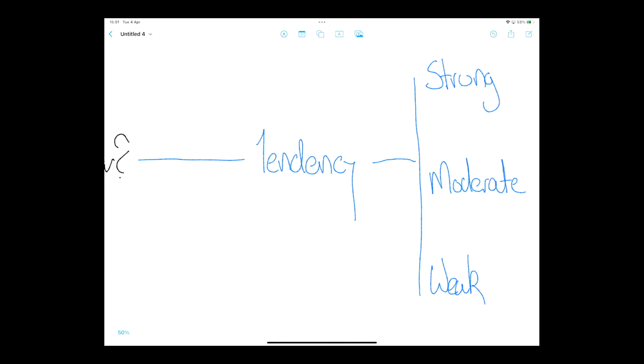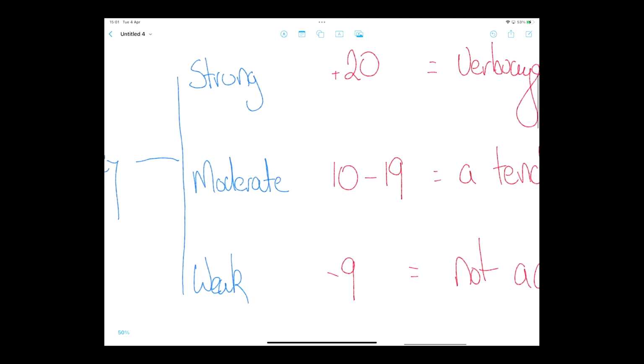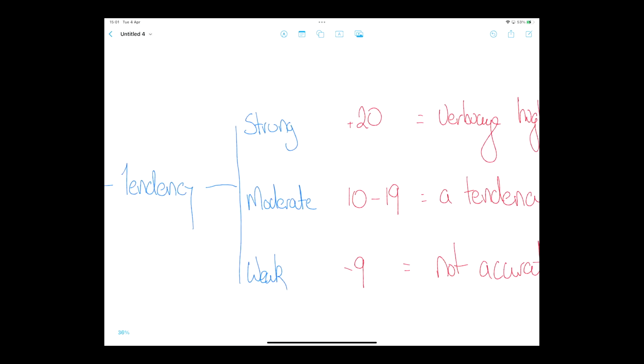Now, in relating to one another, there's tendencies, and there are three: strong, moderate, and weak. If there's a strong tendency, there's going to be a score of plus 20. I'll show you how to calculate this in a moment. If there's a moderate tendency, there's going to be a score between 10 and 19. And if there's a weak tendency between these styles, the score will be less than 9.